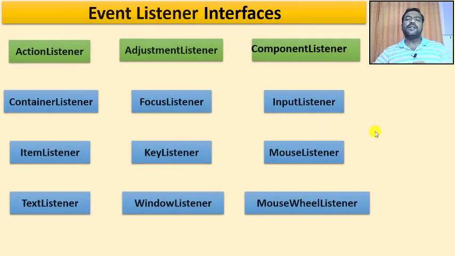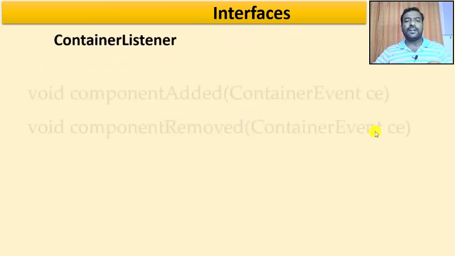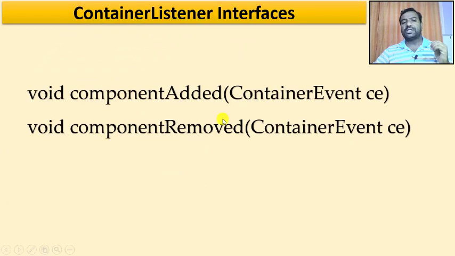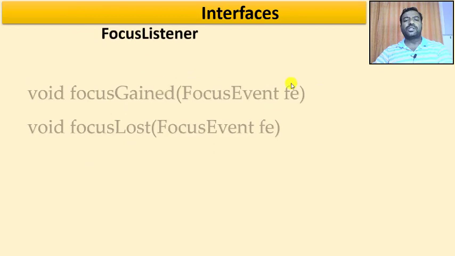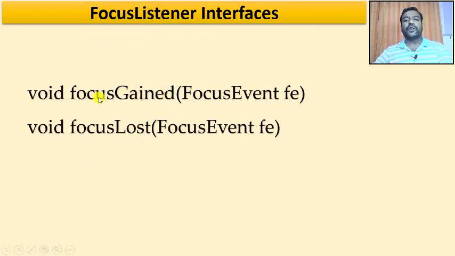The container listener interface has 2 methods. When I want to add a component, I have a method called component added. When I want to remove, I have a method called component removed, which takes the object from the container event class. And the focus listener has 2 methods, focus gained and focus lost.